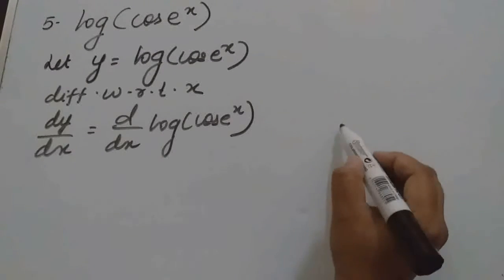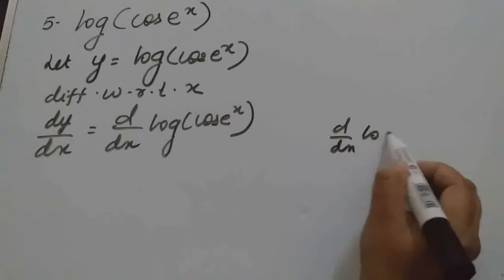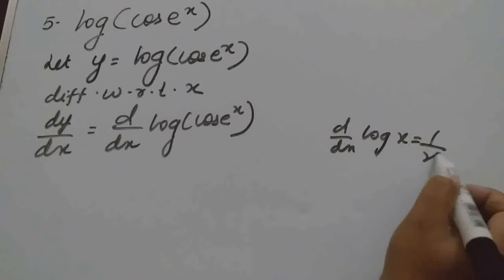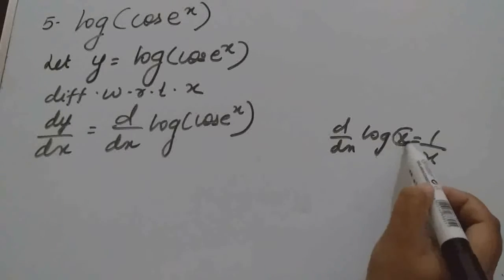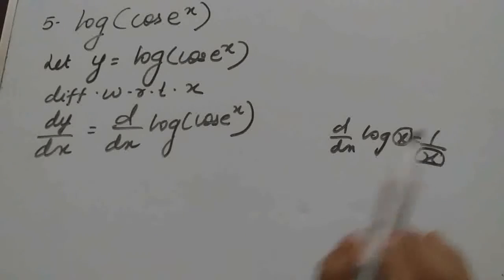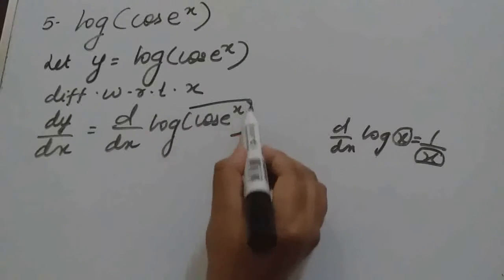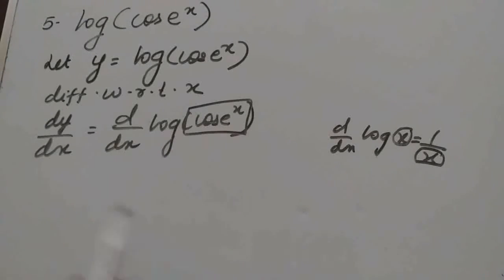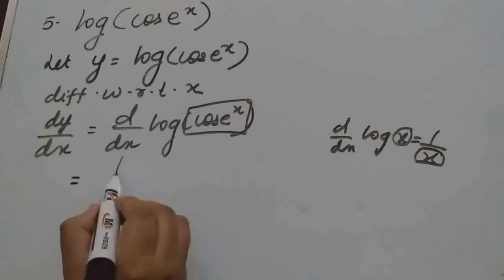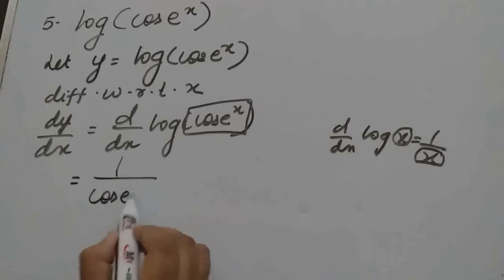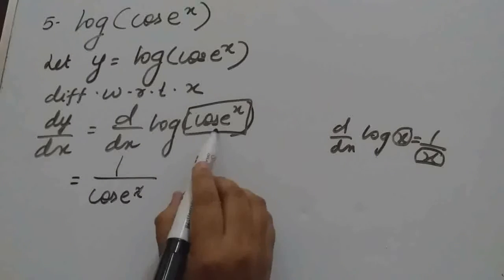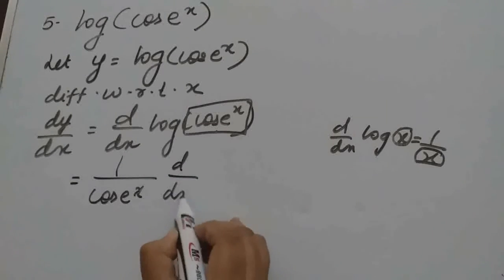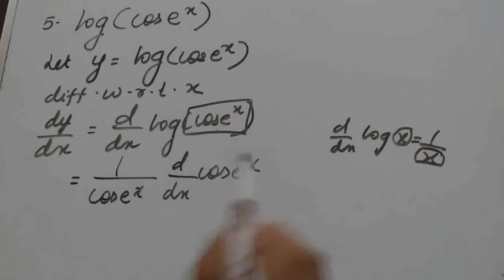Now here we know the derivative of log x is 1 by x. Okay, whatever log is there, that value in reciprocal. Now here we have cos e power x. So according to this formula it will come like 1 by cos e power x. But since it is composite, we should take the derivative of cos e power x.